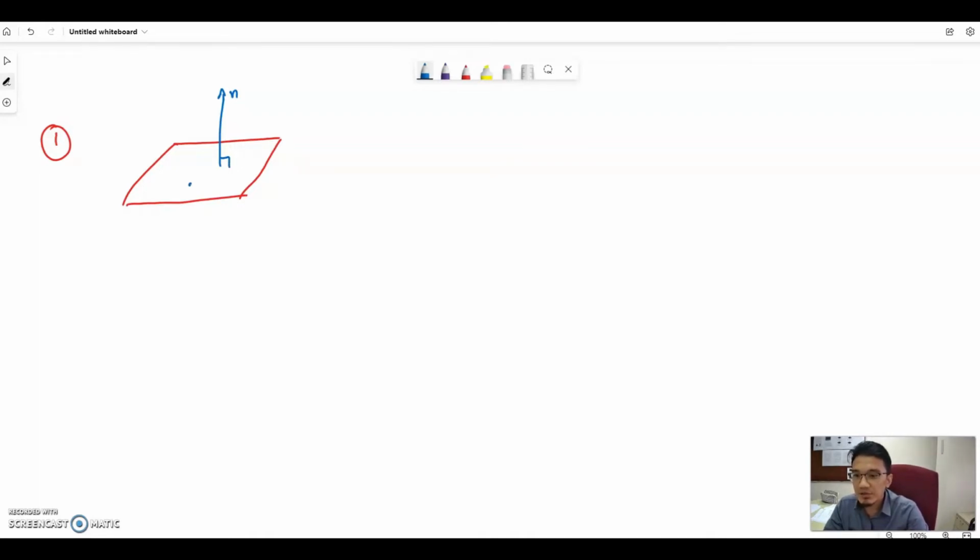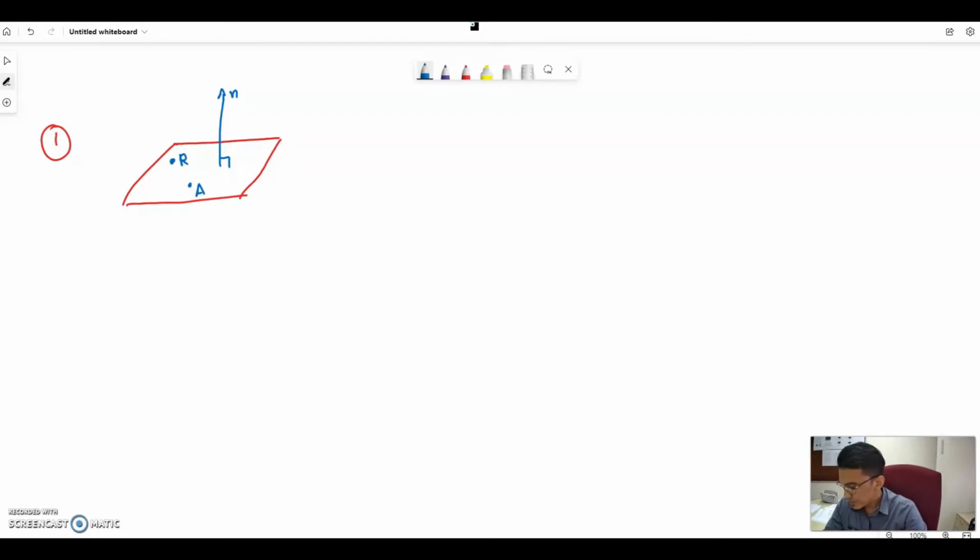The plane also has a fixed point A, and another point called point R. The point R is quite similar to the point R that we already saw in the straight line equation. R is any point on the plane, which means R is movable. It could be anywhere as long as it lies on the surface of the plane.